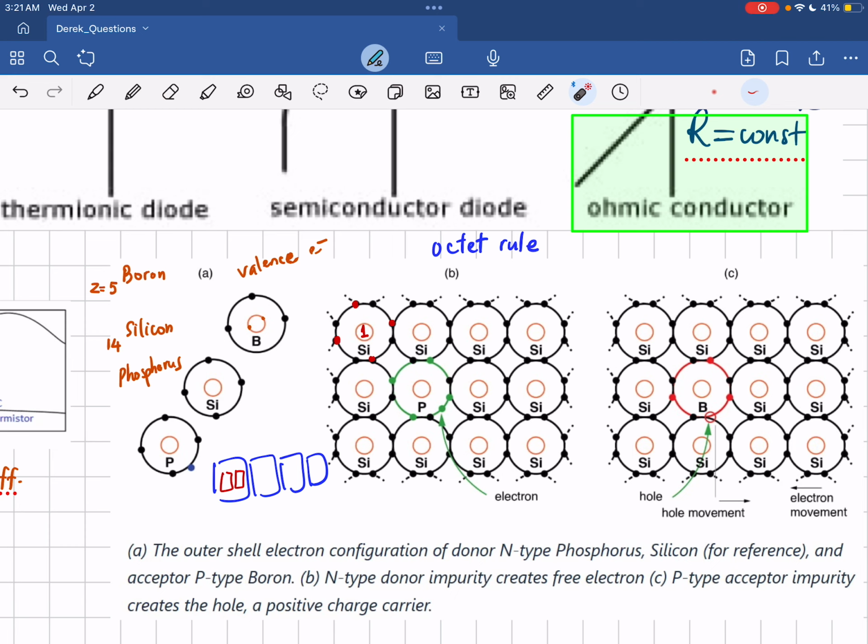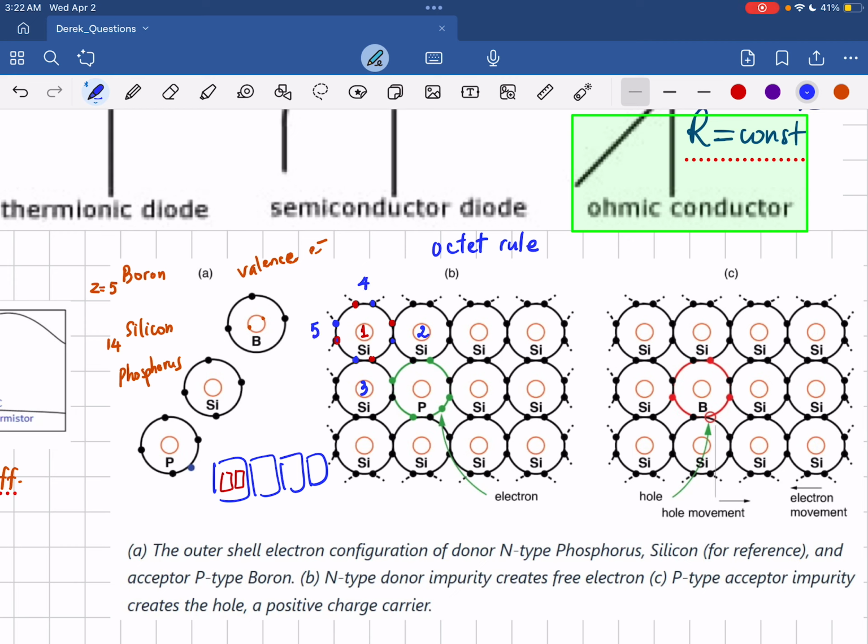So that's why it will try to share the other electrons with the other atoms around, like this one. So it will share one electron with silicon atom number 2. It will share another electron with silicon number 3 here. It will share another electron with another silicon atom number 4 there.